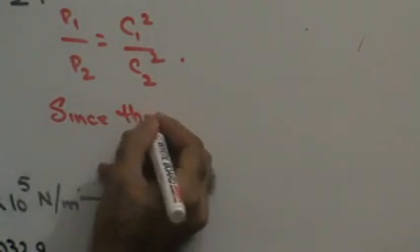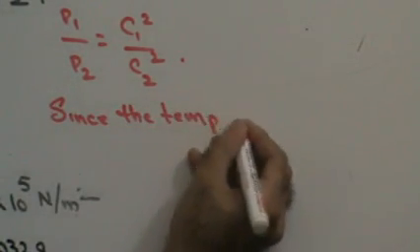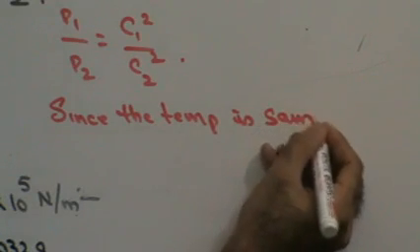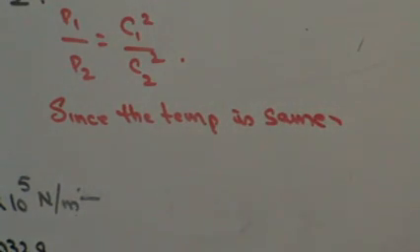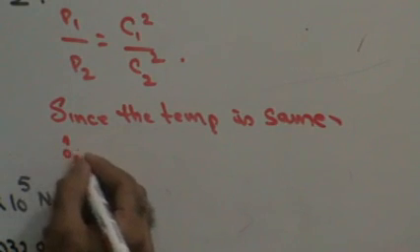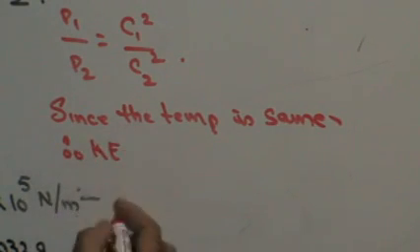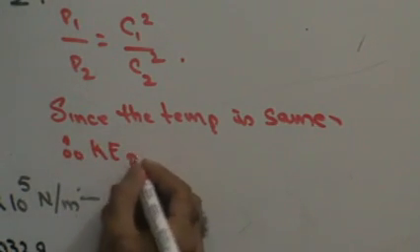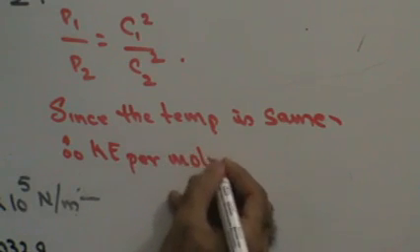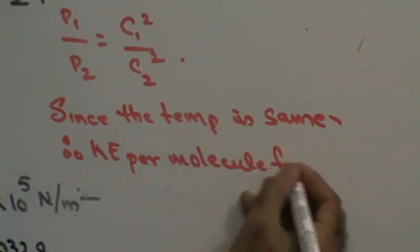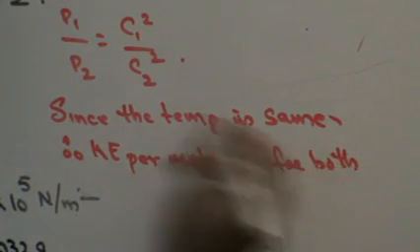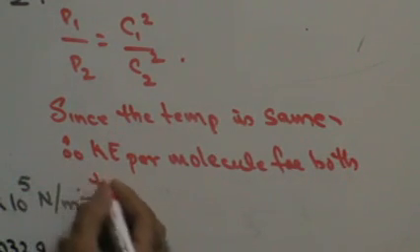Right? Since the temperature is the same, at the same temperature they will possess the same kinetic energy. Therefore, I can say that the kinetic energy per molecule for both the gases is the same.